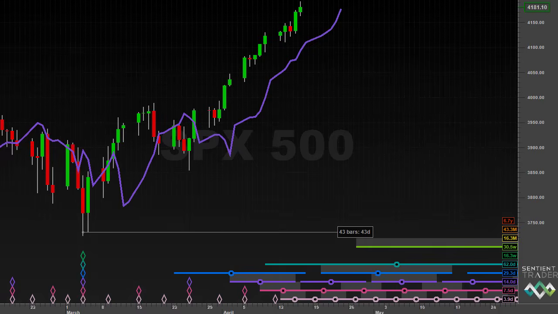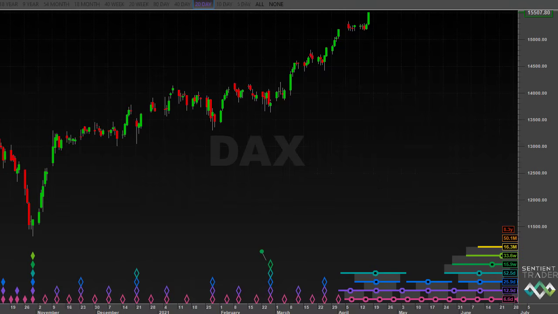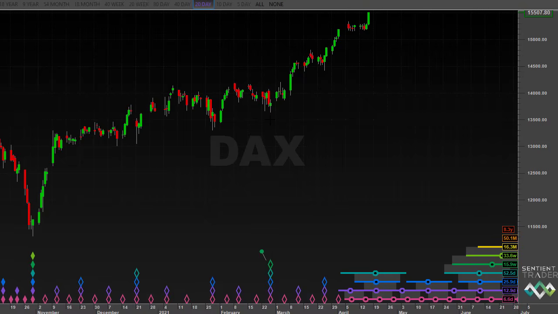When there is some confusion about the magnitude of a trough that is formed in the markets, I find it very interesting to take a look at other markets. Let's quickly jump across the oceans and take a look at the DAX. Here is the analysis of the DAX, and I would like to point out an interesting feature about this, which is that the 20-week cycle trough in the DAX occurred about a week earlier than it did in the US markets.